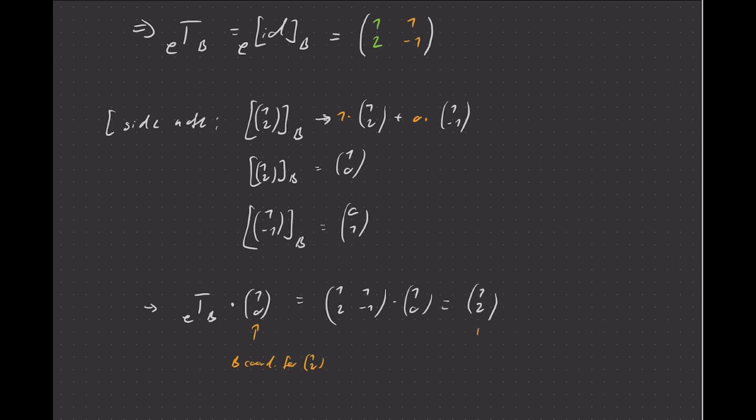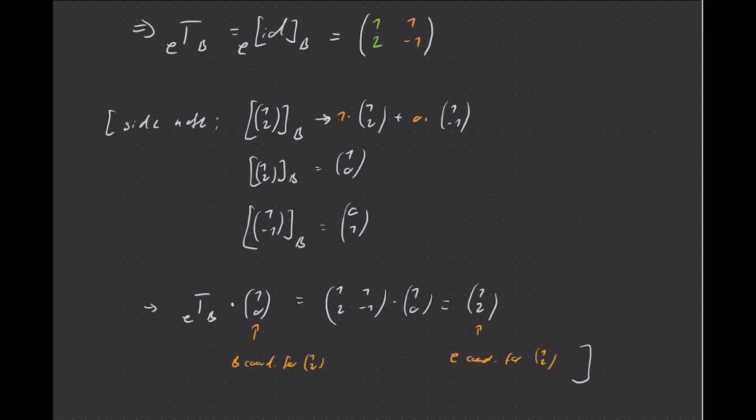And that is C coordinates for 1, 2. So the transformation does exactly what we want here. Okay, so that just as a side note. Of course it does what we want. That's how we constructed it.